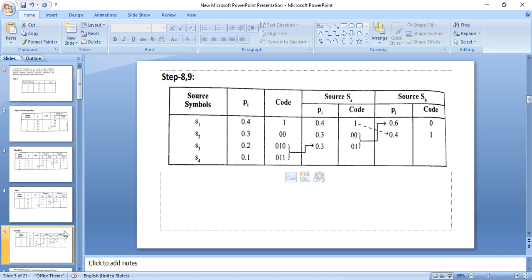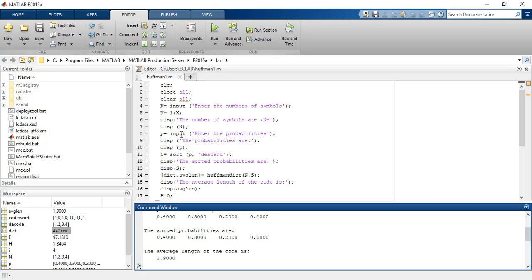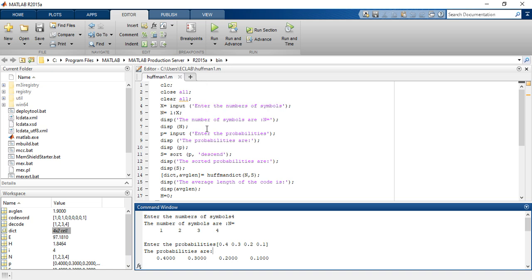Again for the next 0.3 it is 01, which must be kept with 010011. The value 1 given for 0.4 remains 1 only, but the other values depend on the addition of the probabilities. So the final encoded data is 100010011.